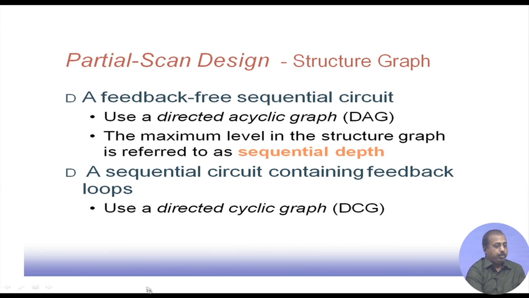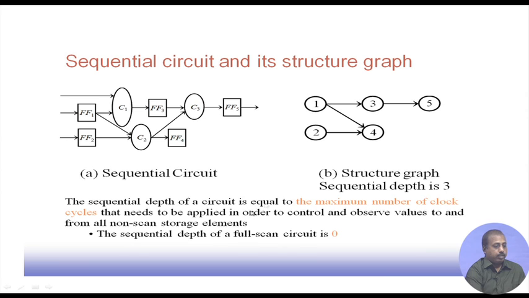If there is a feedback loop in the graph, then it becomes difficult. So, those flip flops we need to consider, and then we have to break those feedback loops by making them scan flip flops. Like here, if there was an edge from node 5 back to node 1, then we need to convert one of these flip flops to a scan flip flop, so that it is treated as a scan input.